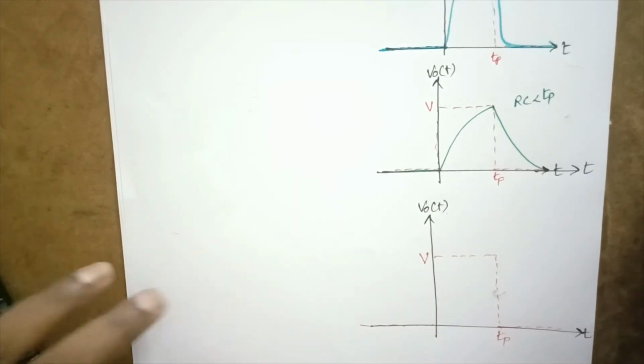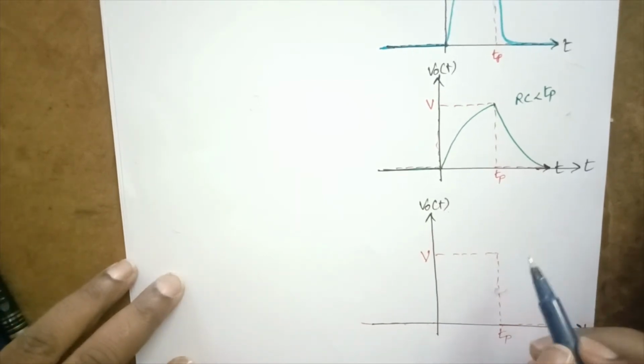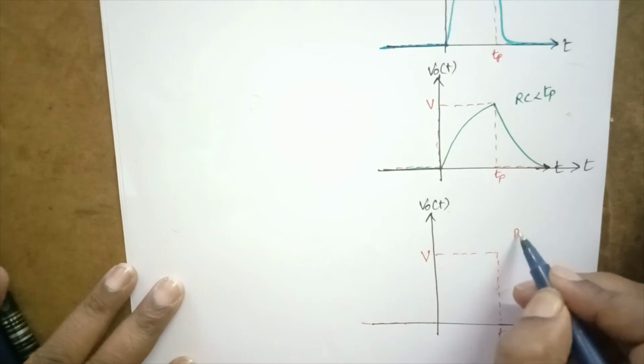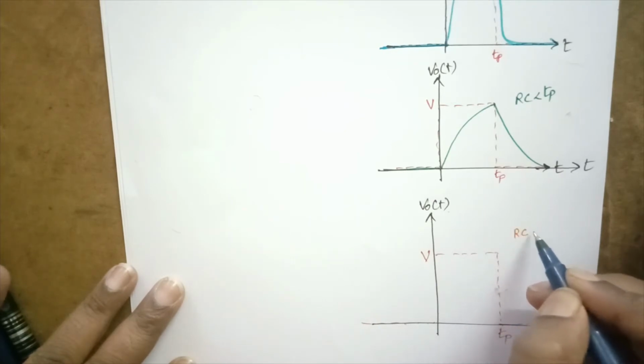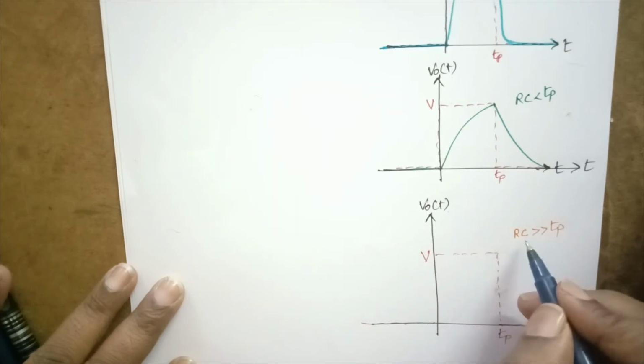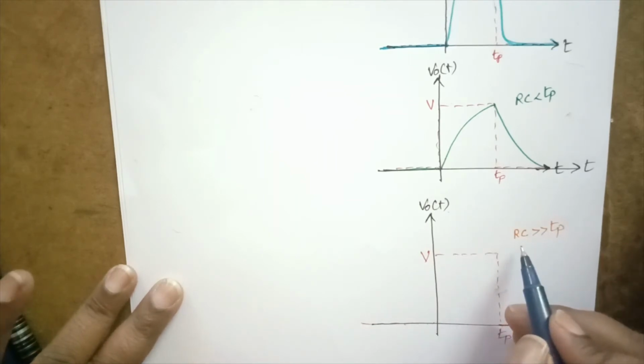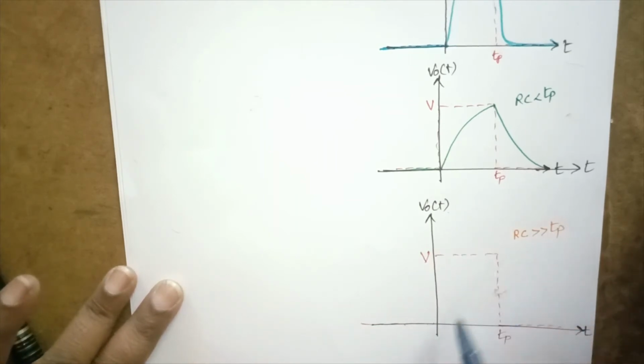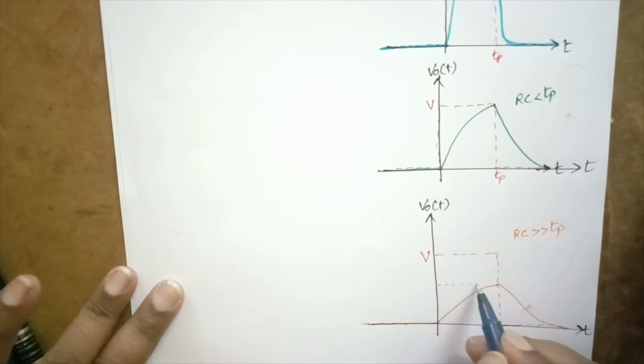Now I consider the RC value much greater than Tp. I am increasing the time constant. If the time constant increases, then what happens? The capacitor slowly charges and slowly discharges, so it does not even reach its maximum value.